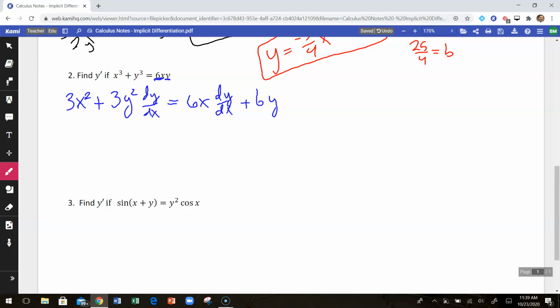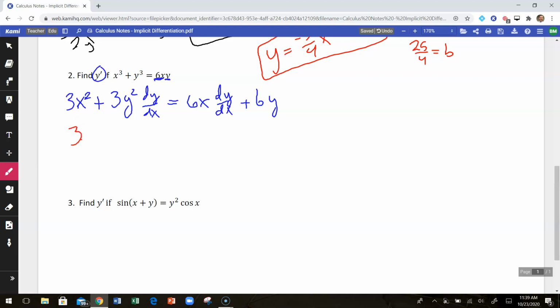Now my goal is to get dy over dx by itself, right? So dy over dx means the same thing as y prime. I now want to isolate that. So the way that you do that now, if you have more than one dy dx, is you need to get all of that on one side and move everything without a dy dx to the other side.